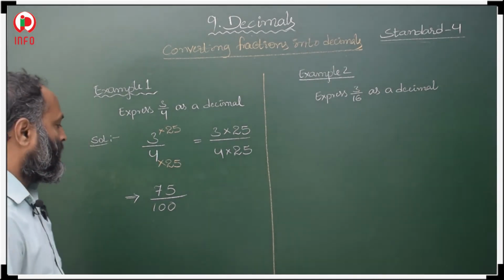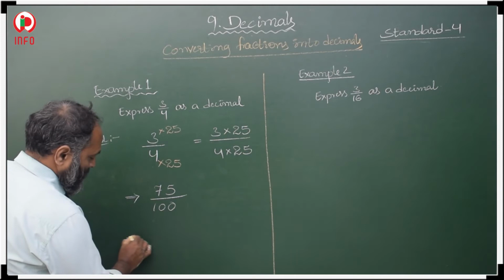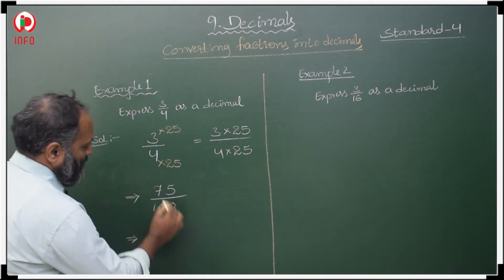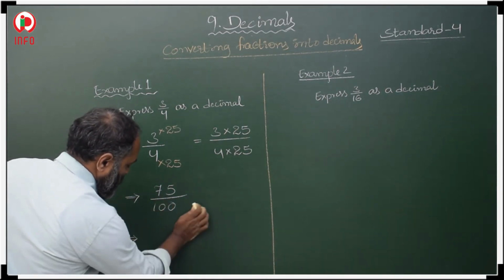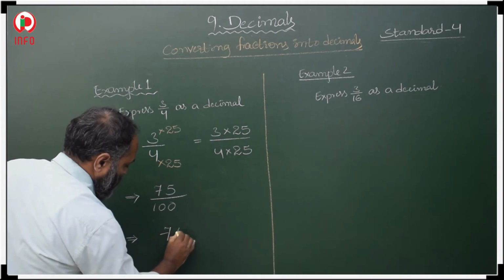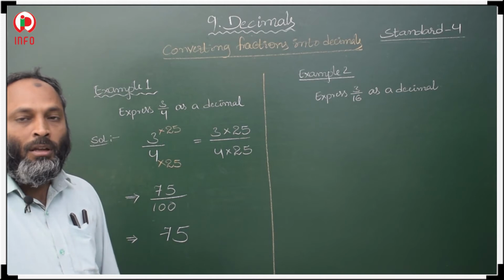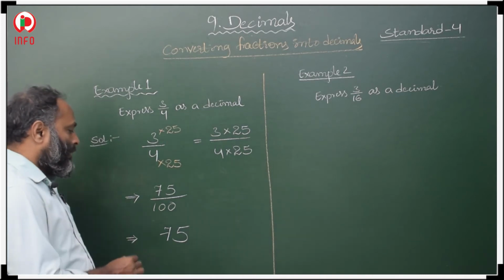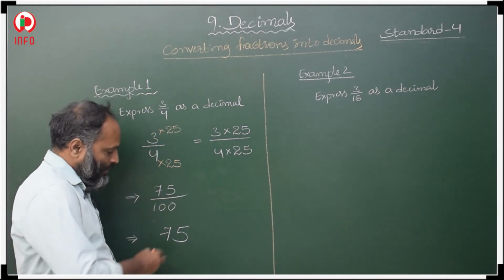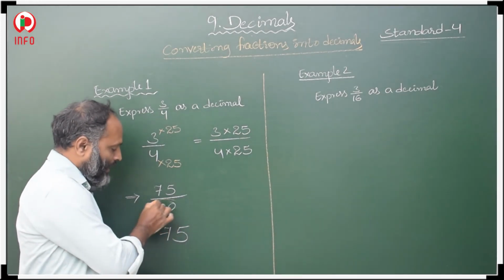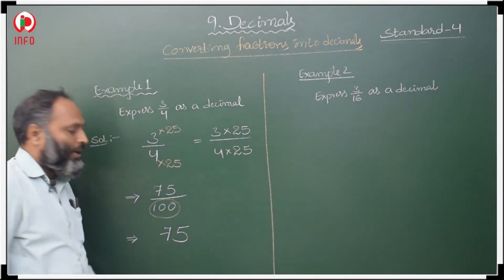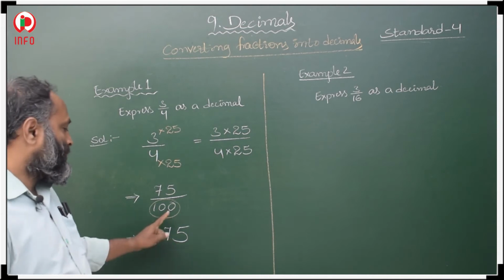Then after that, what do we have to do? Just take this numerator 75 and write it without the denominator. In the denominator, 100 is there. In 100, how many zeros do we have? 2 zeros.